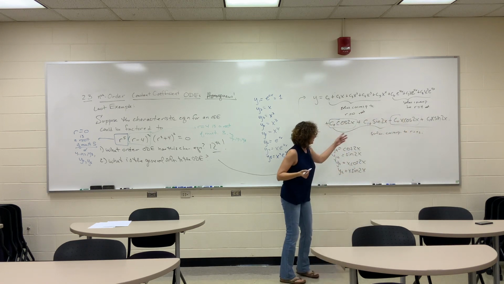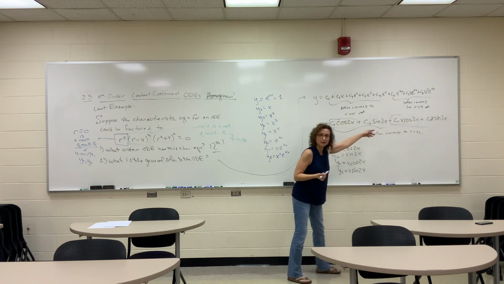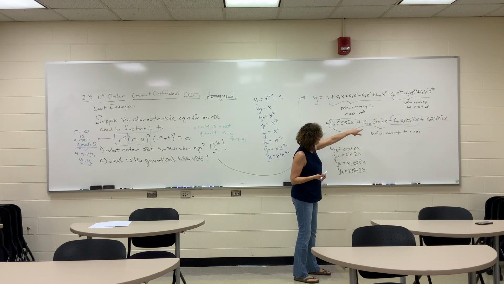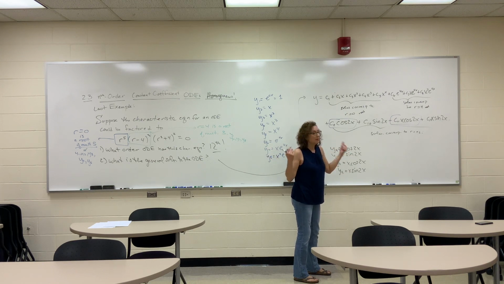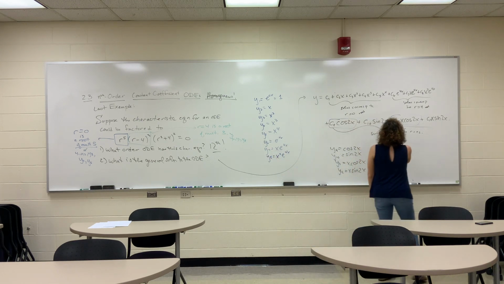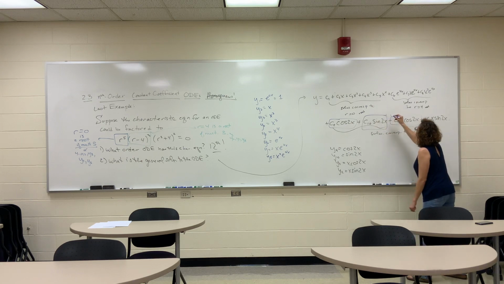It doesn't matter whether C10 goes with this one or C11. But then you could factor out the cosine 2x and write it as C9 plus C10 or 11, whichever it is, times x, in a parenthesis times that guy. But again, remember where it's coming from and why. And then you would put these two guys together as well.